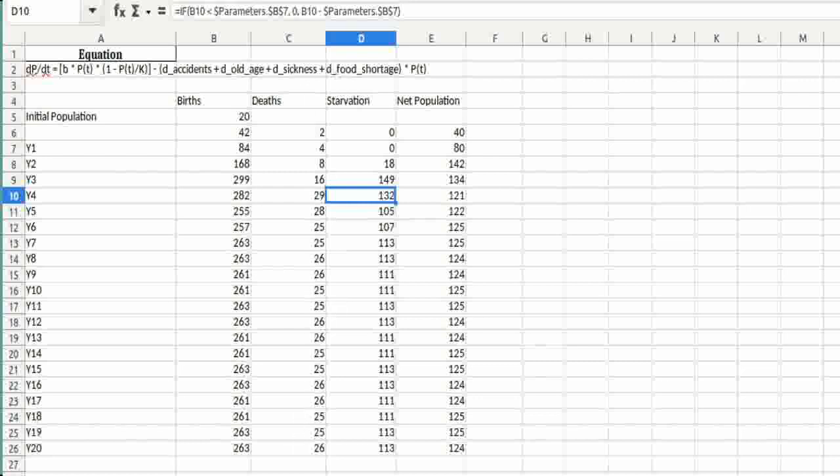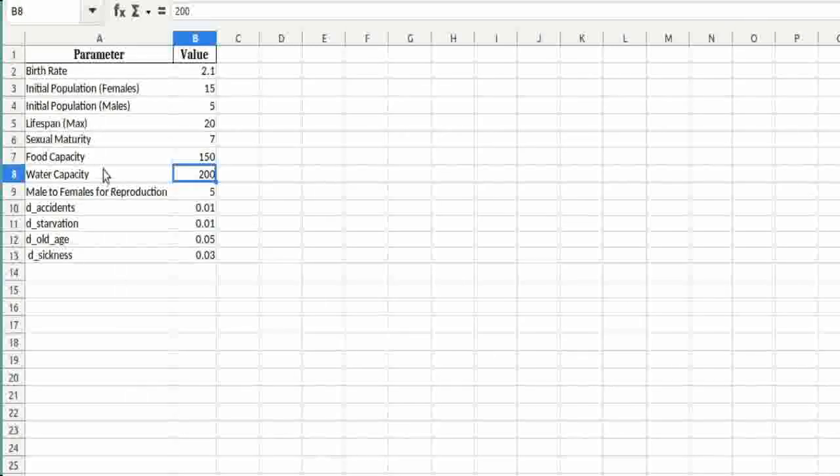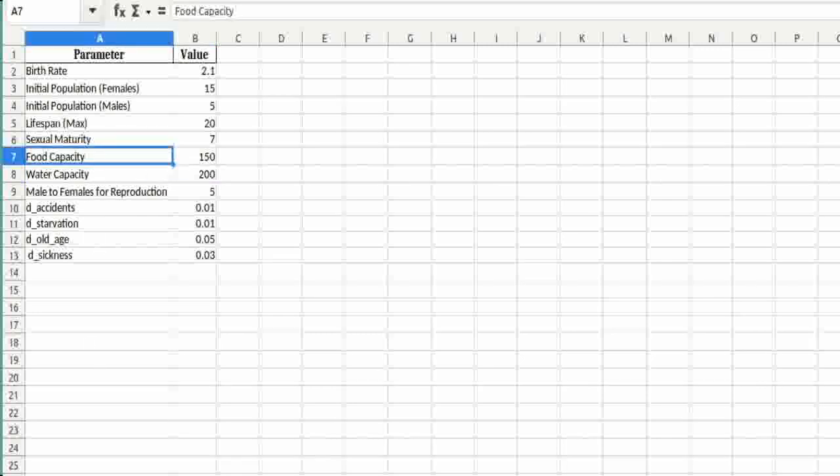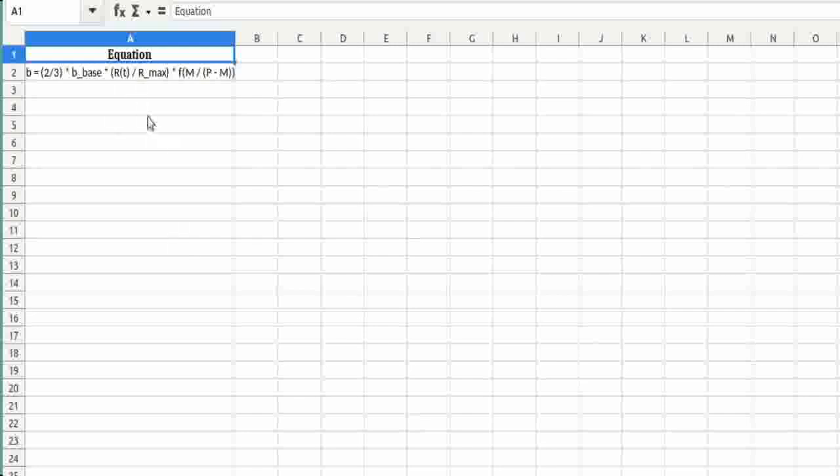Now, some of the things I really want to do is work on the resource regeneration and consumption, which I start and then do over the number of years. I should be able to use this initial carrying capacity and work out the resource consumption rate and regeneration, and then the adjusted birth rate as well.